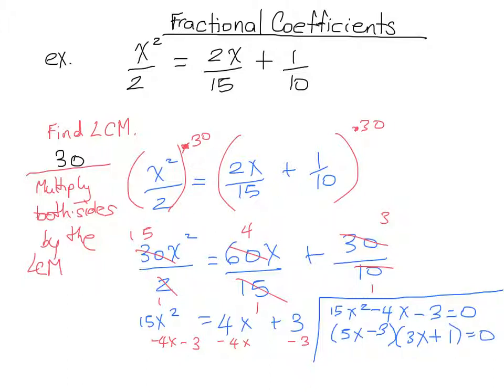Now at this point we can solve this. Either this side is equal to 0 or this side is equal to 0, which means that either x is 3 over 5 or x is equal to negative 1 over 3.